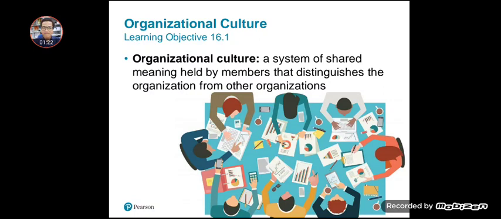This system is characterized by several things, which I can list here: values, beliefs, and underlying assumptions, and so on, which serve several purposes.